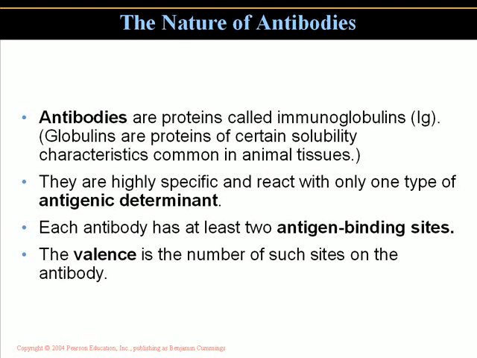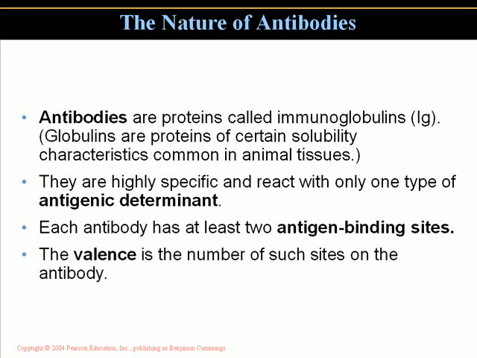Sometimes when you're talking to a microbiologist, they debate that. I guess in the real sense that's not necessarily true. But for the purpose of this class, just remember these antigenic determinants are highly specific. So typically the antibody will only react to one antigenic determinant.